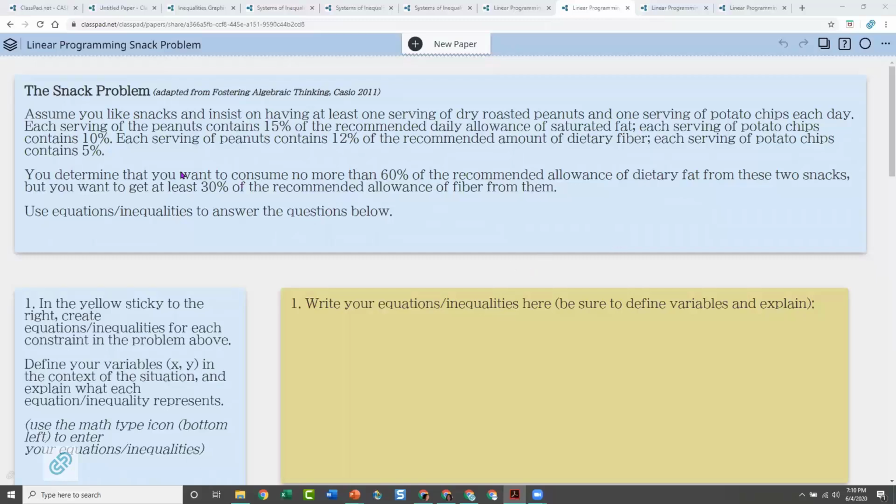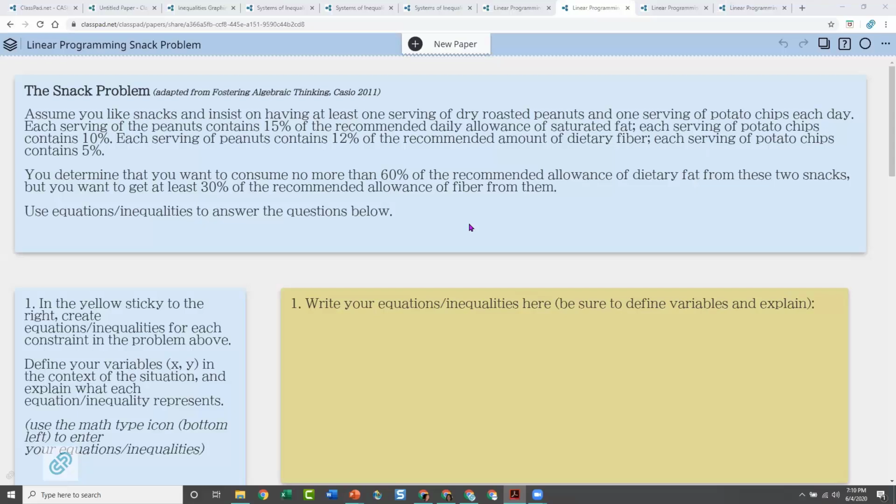And so they're going to come up with the constraints again. Let's take a minute here. Let's use X for peanuts and Y for potato chips. Again, the hardest part for most students is coming up with these inequalities and thinking about the constraints. Each serving of peanuts has 15% of the daily amount of saturated fat, and potato chips have 10%.